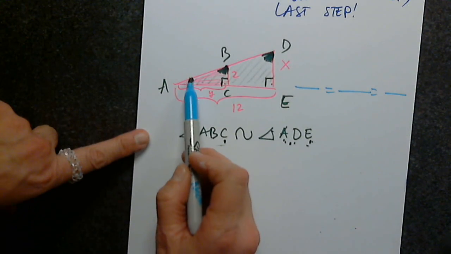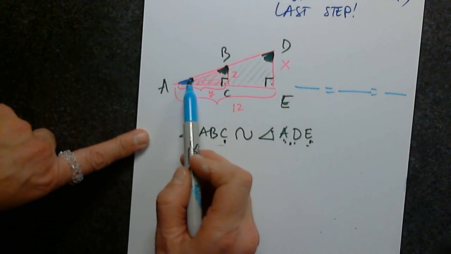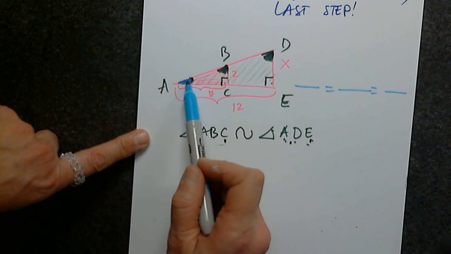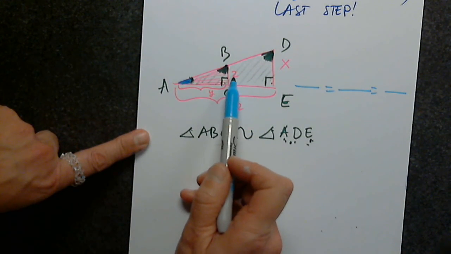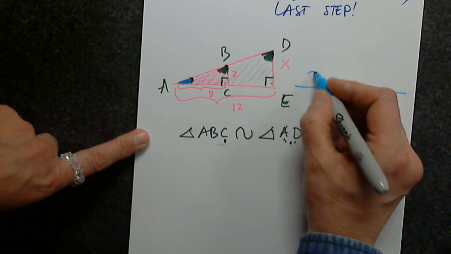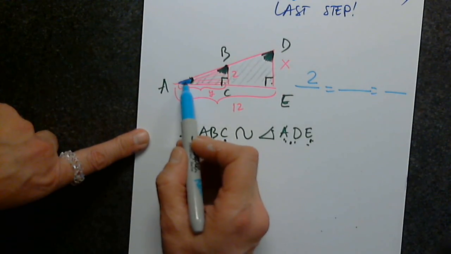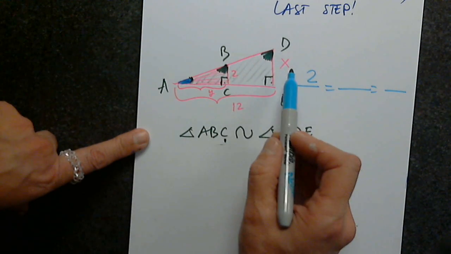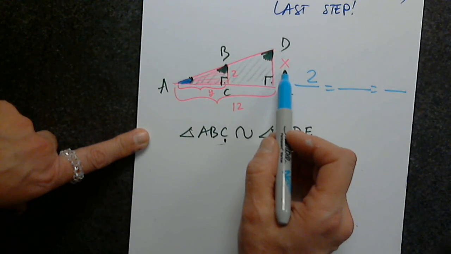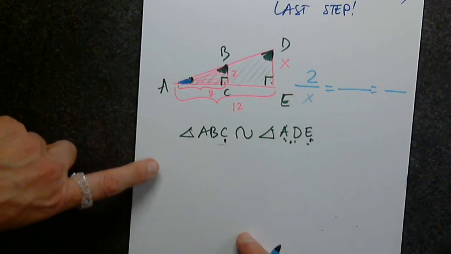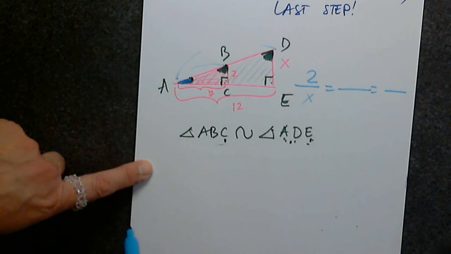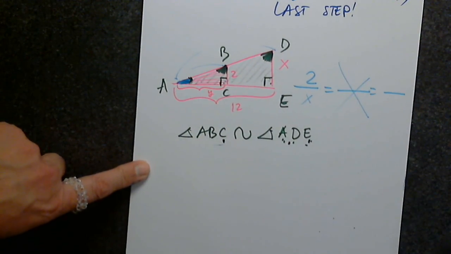I start from the common angle. The opposite side of the common angle in the small triangle. Go back to the same angle, the opposite side of angle A in the big triangle. There is no point in analyzing this because I don't have this and I don't have that, so this is not useful.